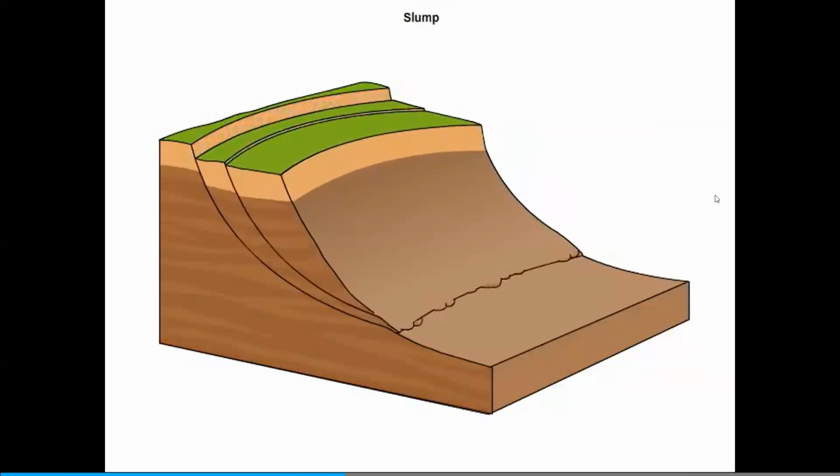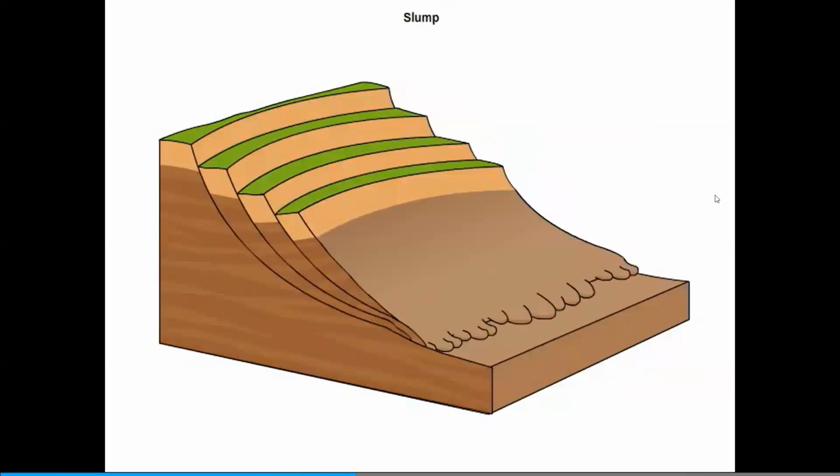A special variety of slide is known as a slump. When slumping takes place, material moves along a curved sliding plane. For this reason, slump is sometimes referred to as a rotational slide. Both landslides and slumps leave noticeable scars on the hillside where the movement began.